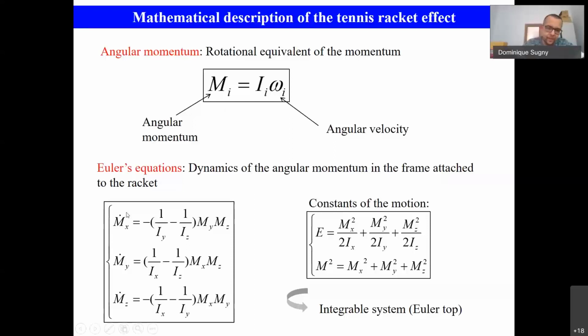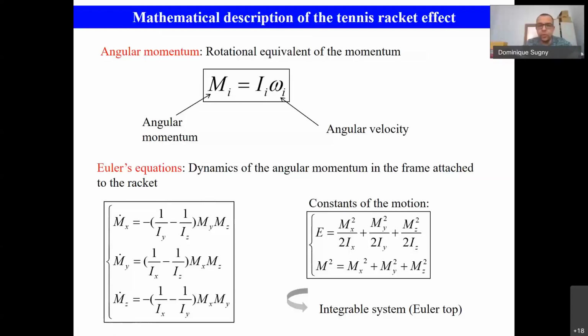Basically, the Euler equations are written there. It's just a system of nonlinear differential equations, which couple the coordinates mx, my, and mz of the angular momentum, and we see that here we have as coefficients the different moments of inertia.